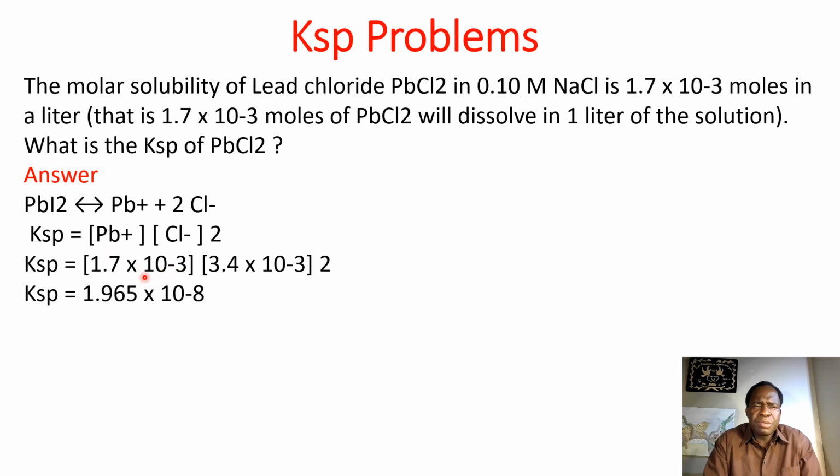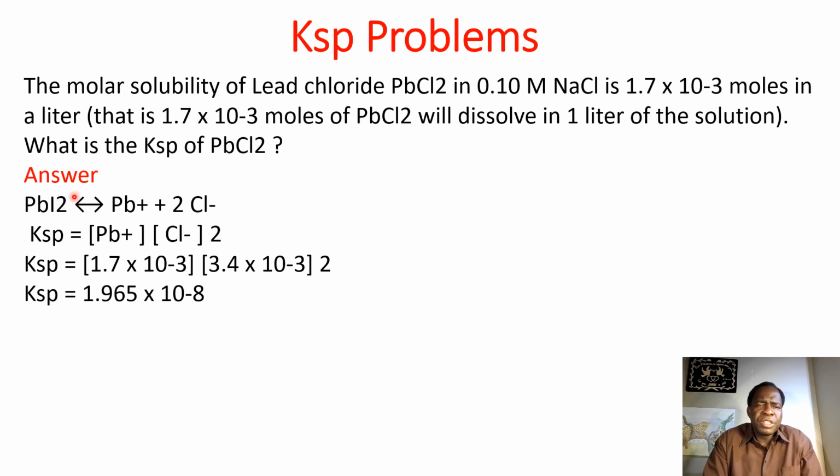So you multiply this by 2 to get 3.4 times 10 to the power minus 3, and you square it up. So they gave you Ksp equal to 1.965 times 10 to the power minus 8.